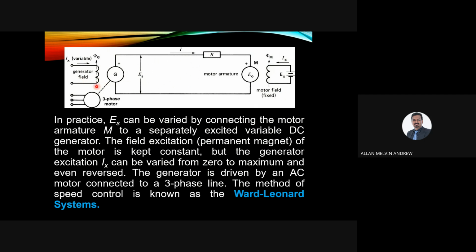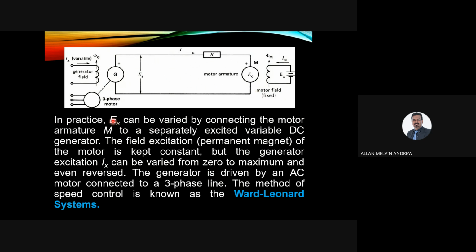Okay, so when we control it, we vary the supply. This is connected to a three-phase line, so we have three sine waves for us to utilize. We don't need to change anything in the actual setup, but by adding one separately excited variable DC generator, we can vary the voltage that is supplied to the motor.